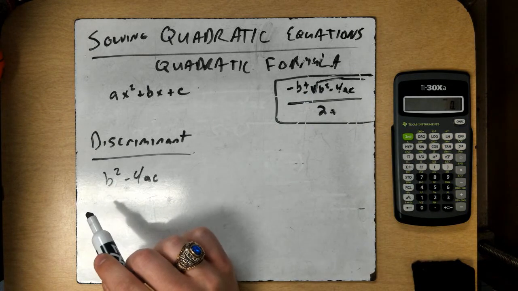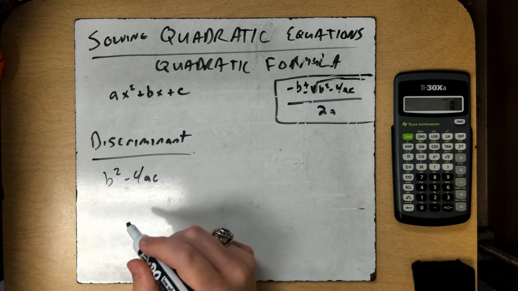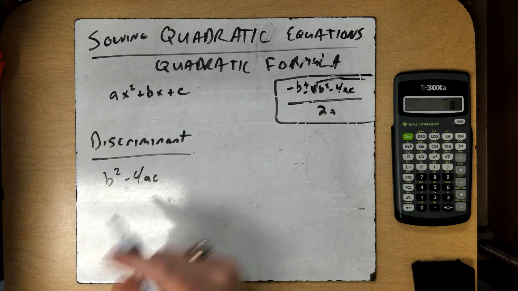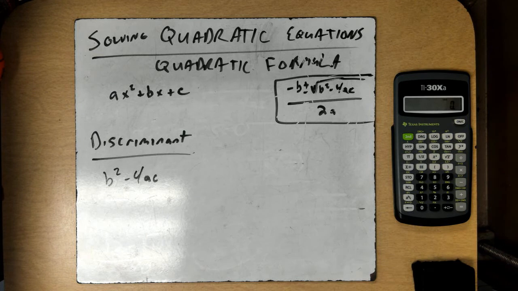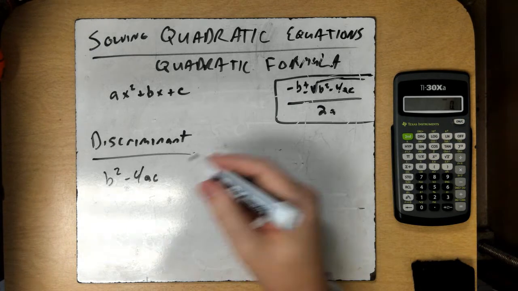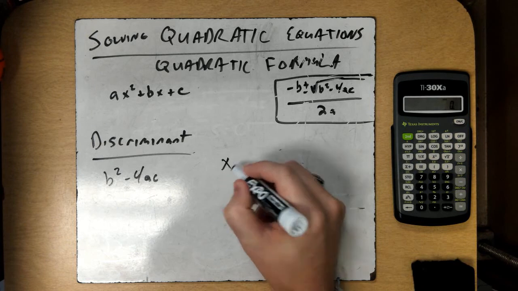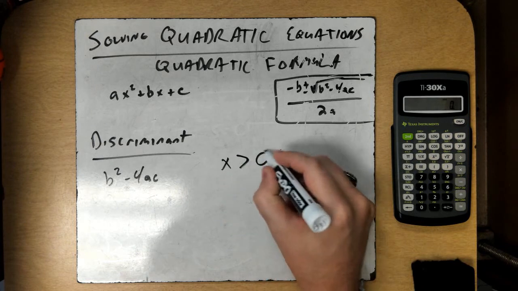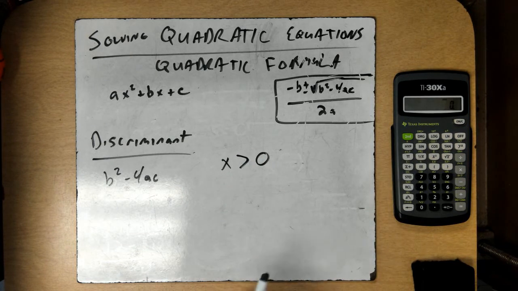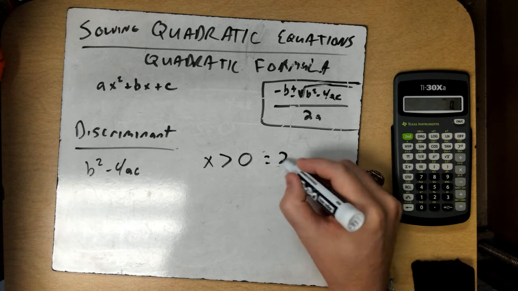All right, and what this tells us is how many roots there are, how many solutions, how many real roots there are. So here's how this works out. When you solve this, if x is greater than 0, is there anything bigger than 0? Then there's two solutions.